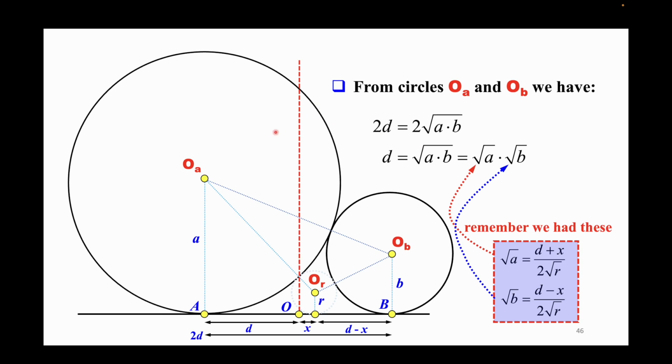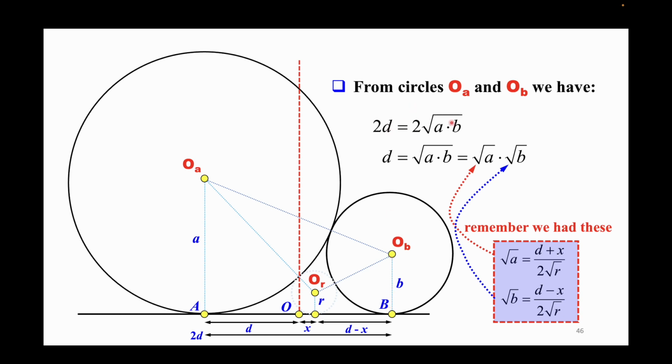And for the third case, we look at circle OA and OB. The distance between the two tangent points A and B, which is 2D, is equal to 2 times the square root of the product of the radius of A and the radius of circle B.